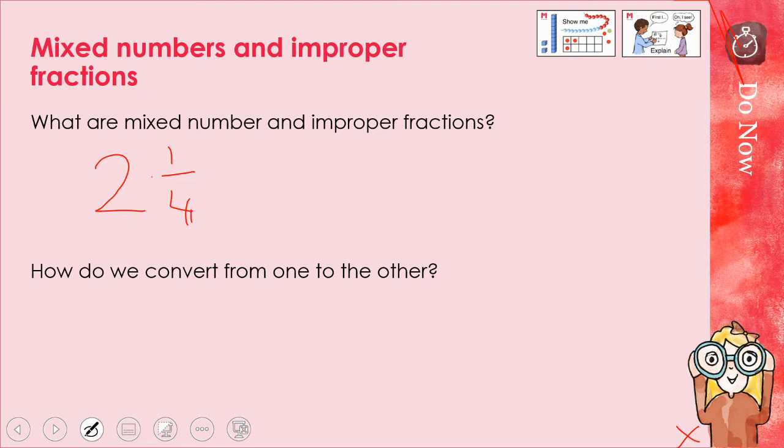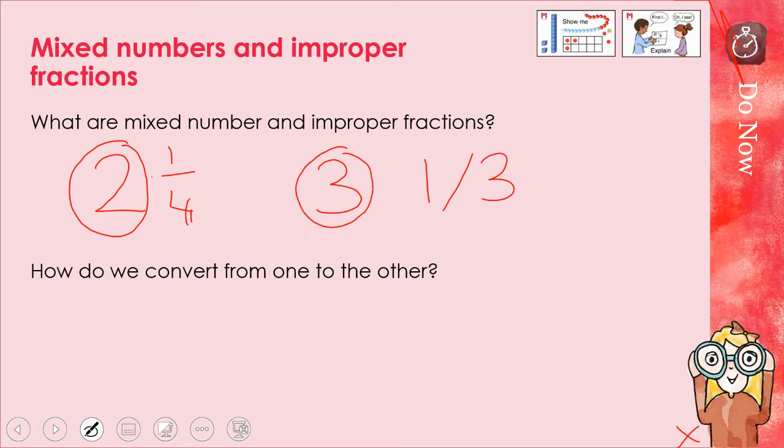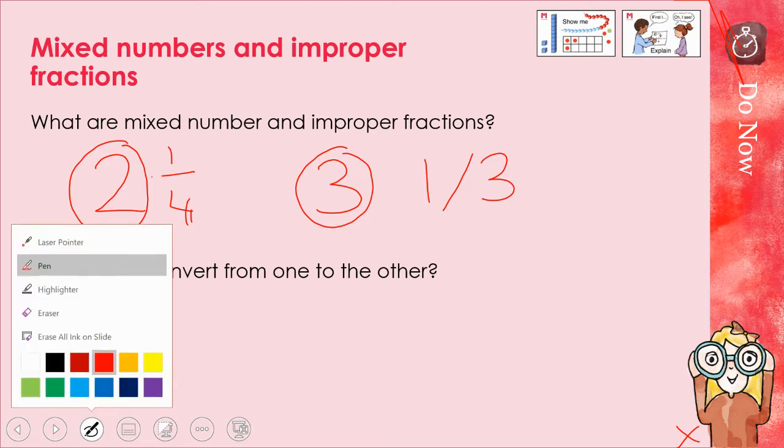So the bigger number is equal to 2. Sometimes when we type these out, the fraction is smaller, but sometimes it might look like this: 3 and a third. Always a space between the whole number, which is 3, and 1/3. In this task you are going to have to work out whether it's a mixed number, and it's not 31/3, it's 3 and a third.